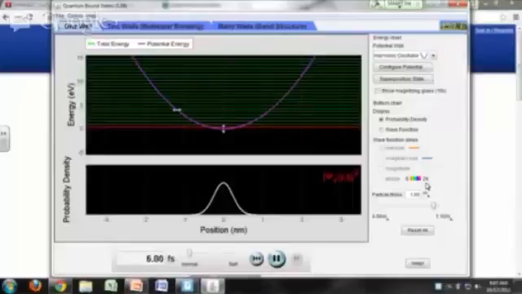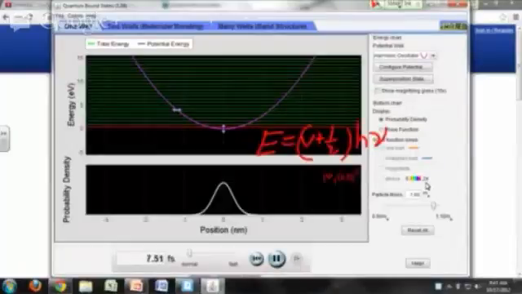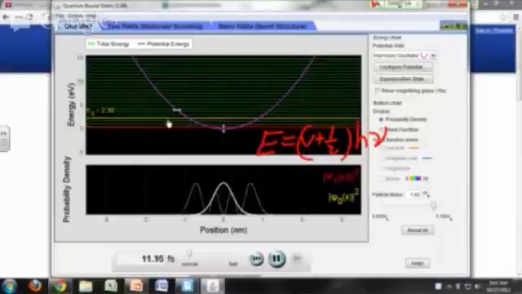The allowed energies are E equals v plus a half times h nu. So the allowed energy levels, each adjacent pair, are separated by h nu. So you can see these green lines right here, those are the allowed energy levels for your harmonic oscillator.